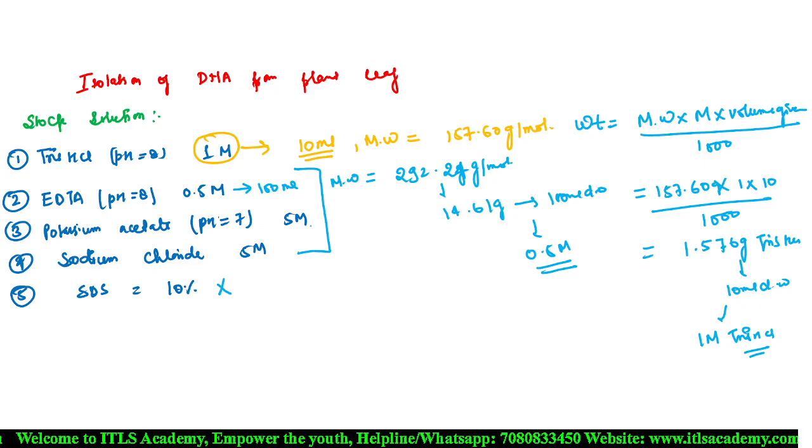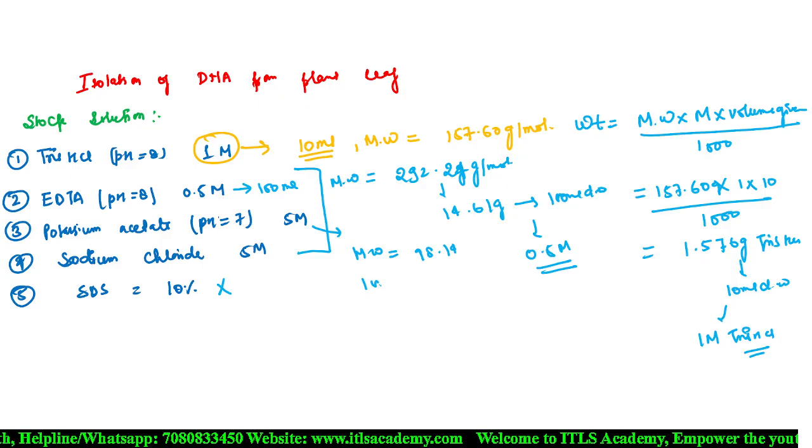Same with the potassium acetate. The molecular weight of the potassium acetate is 98.14, and you have to prepare it for 100 ml. So molecular weight 98.14 multiplied by 5 multiplied by 100 divided by 1000.